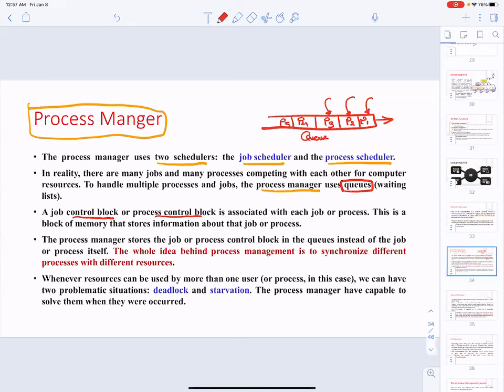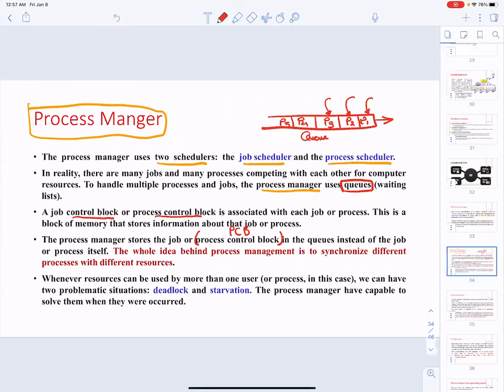We know that once a process arrives, the scheduler will decide on which process to be executed based on the information in the process block. We call it a process control block or a job control block. So sometimes we refer to the process control block or job control block, which will be stored in a queue instead of the process itself.